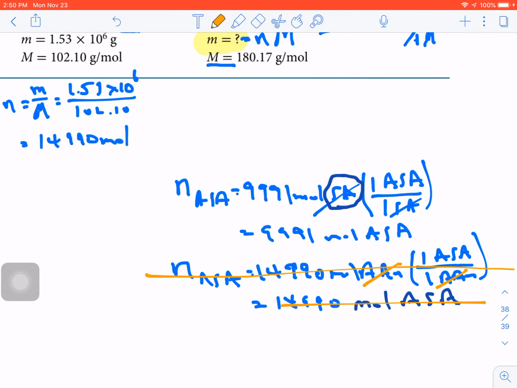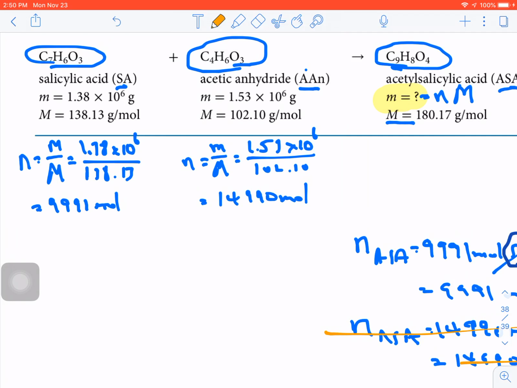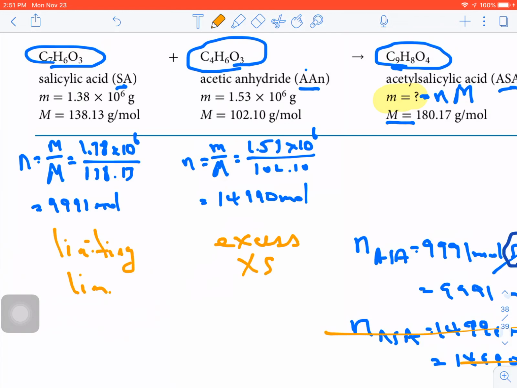I have the salicylic acid over here. This is the one that's going to be called my limiting reactant. And this one here is my excess reactant. Sometimes I just write it as XS. And this one we usually just write as lim for limiting.